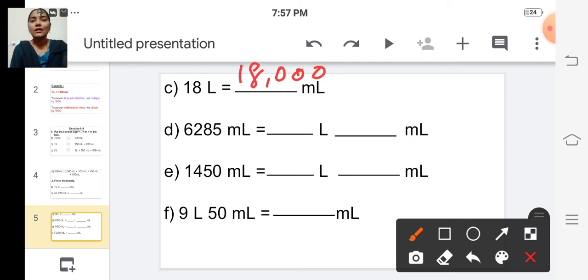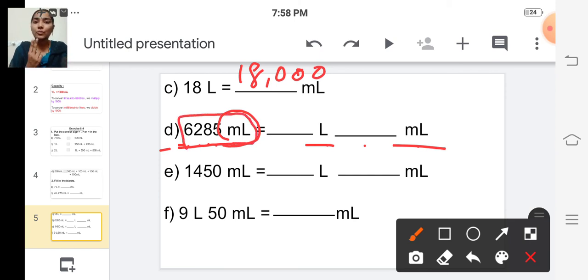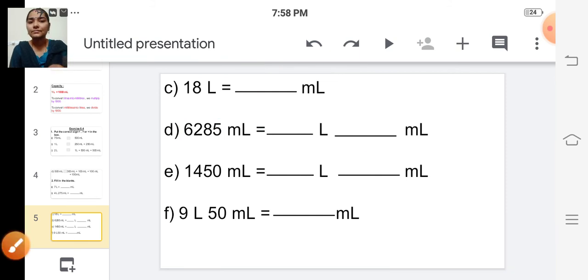And the next question is 6,285 milliliter is equal to dash liter and dash milliliter. So we are going to convert this milliliter into liter and milliliter. For that, what we have to do? We have to split this 6,285 milliliter into two parts, right?